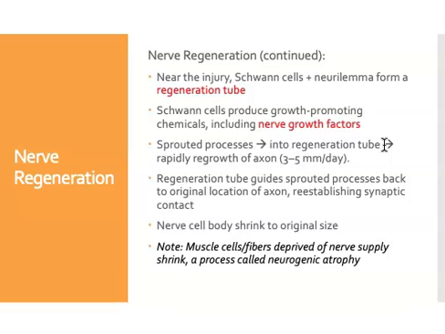They're going to be sort of stuck into the regeneration tube, and they're going to start to grow, and they grow fast. They grow at about 3 to 5 millimeters per day. I know that doesn't seem like a lot, but on a microscopic level, that's pretty amazing.